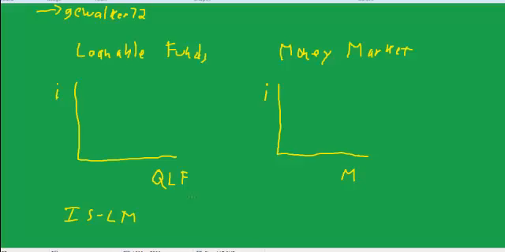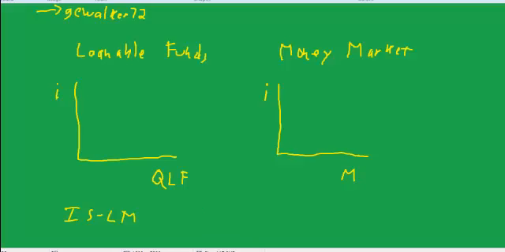They both had the interest rate on the vertical axis, as it is in these diagrams, but on the horizontal axis there was output, Y. I guess that's considered a little bit too complex for introductory macro.